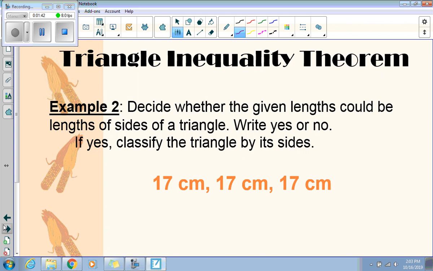Here's our second one, right? Here, all of the sides are the same, so if we take 17 and 17 and we add it together, we get 34, which is indeed greater than 17.